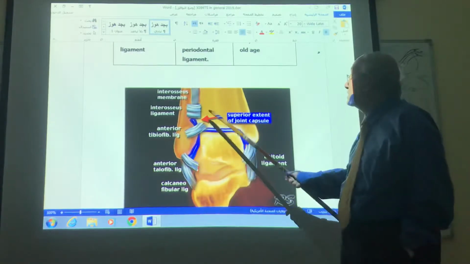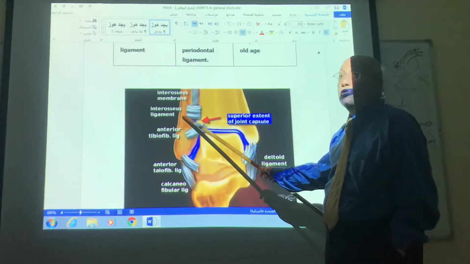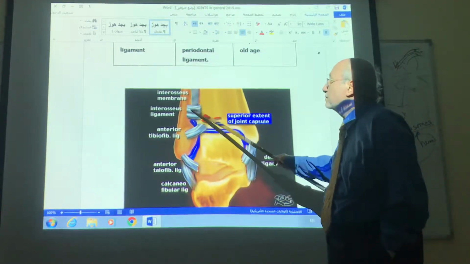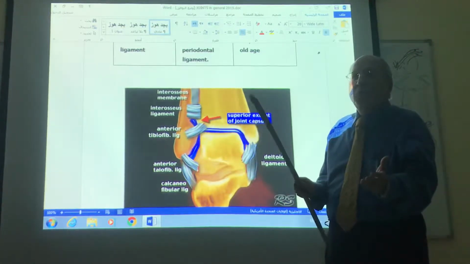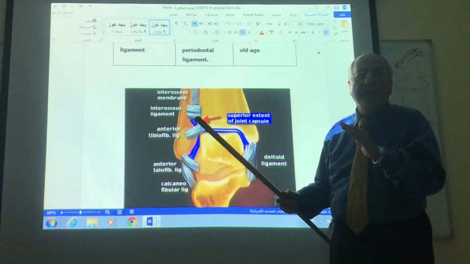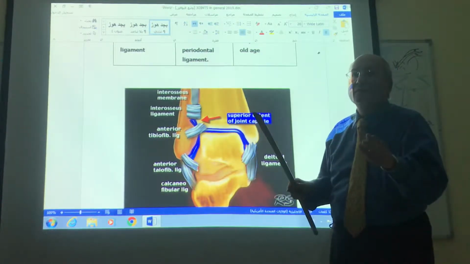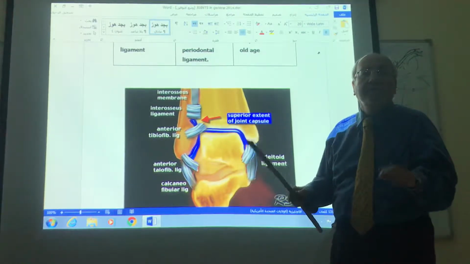Here, the lower part of tibia and the lower part of fibula are connected together by this ligament. Ligament in between bone. Between is called inter. Bone means osseous.